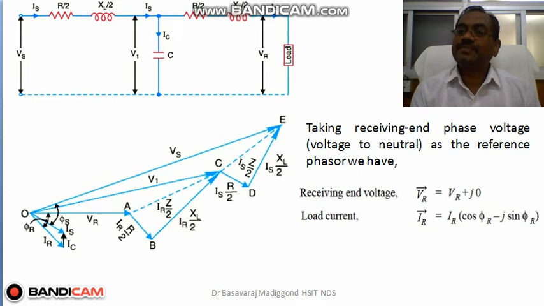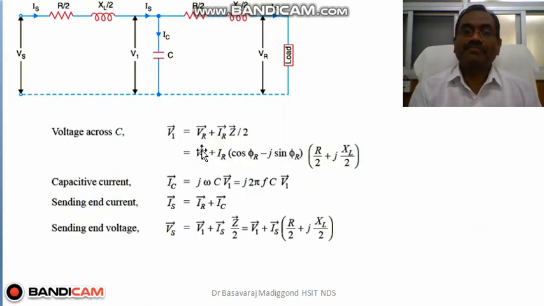Next, load current IR is equal to IR cos phi R minus j sin phi R. So the voltage across C, that is V1, is VR plus IR into Z by 2, where R plus jXL is Z. So V1 is VR plus IR into (cos phi R minus j sin phi R) into (R by 2 plus j XL by 2).